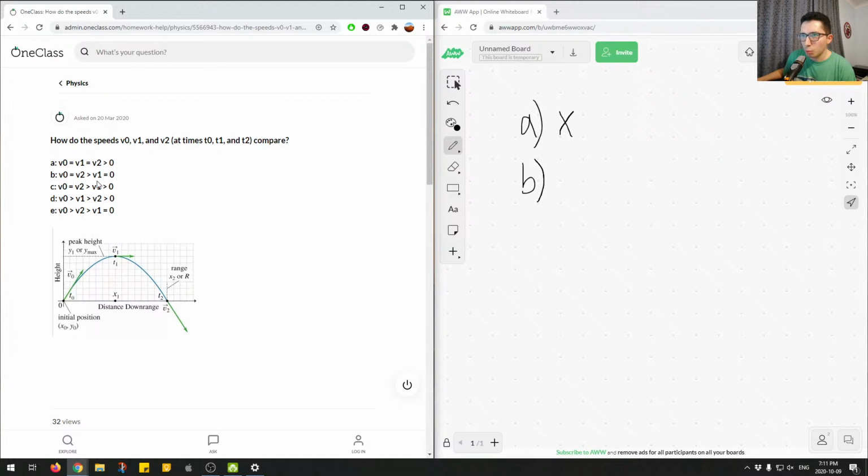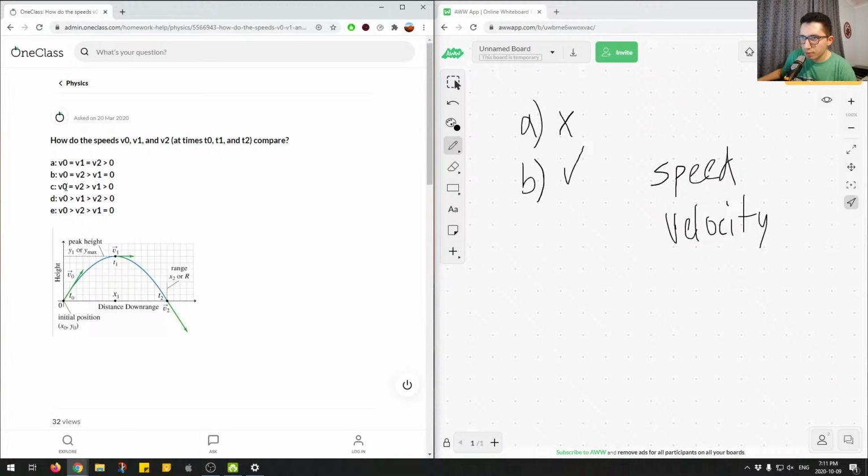And then v1 is less than v0 and v2. So here we can say that this is correct. And since the question is asking for speed, not velocity, speed is measured in magnitude, not in direction. Speed is a magnitude quantity, versus velocity, which has magnitude and direction. So we'll mark B correct for now, but let's double check the rest of the answers.